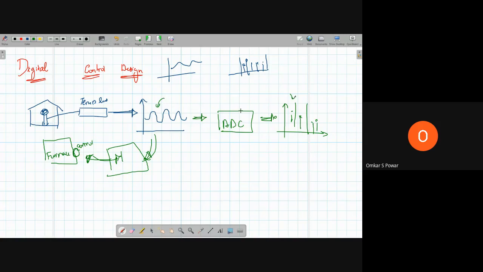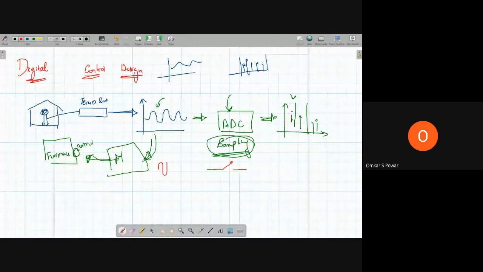Then what happens inside this ADC is something called sampling. Imagine there is some switch. You have your analog signal here, and you pass this analog signal through the switch, switching on and off.